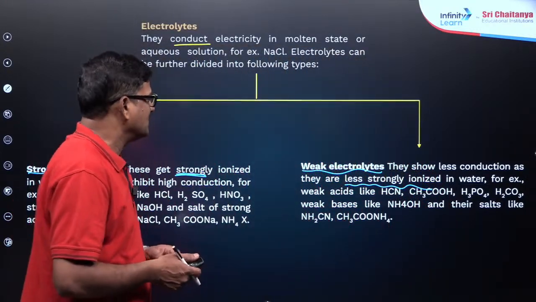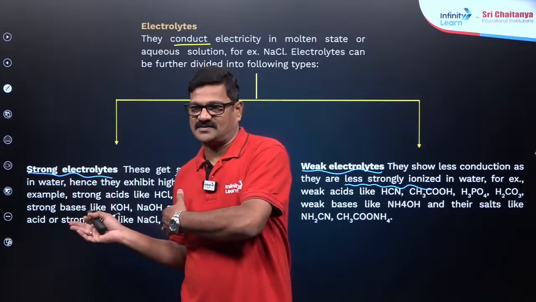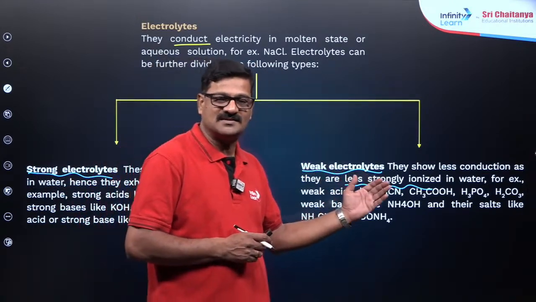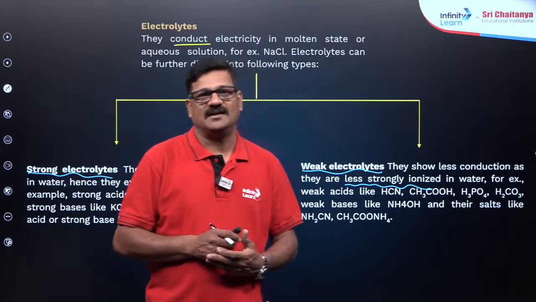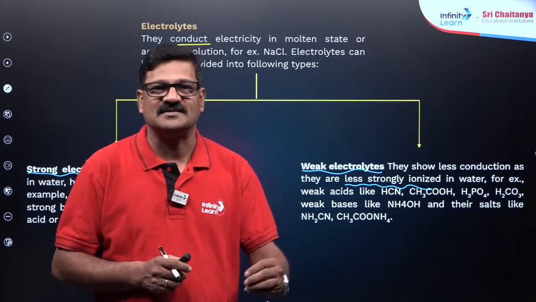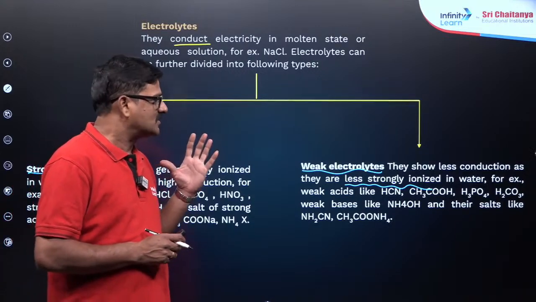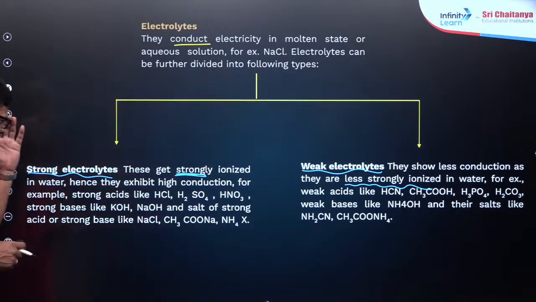Now we'll talk about weak electrolytes. Except for strong acids and strong bases, you have weak acids and weak bases, and a salt between a weak acid and a weak base is going to be a weak electrolyte. So how do I know whether it is a strong acid or a strong base?